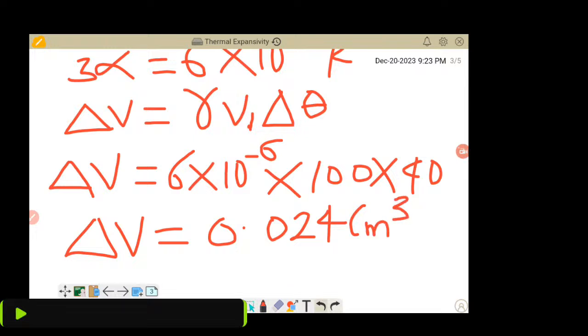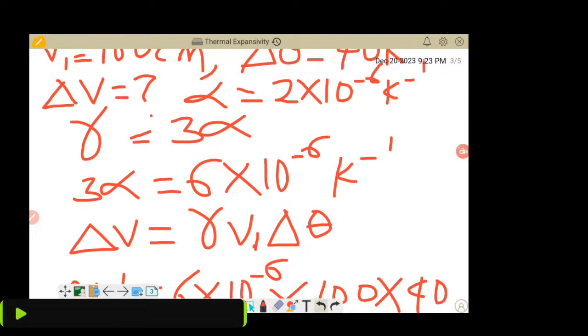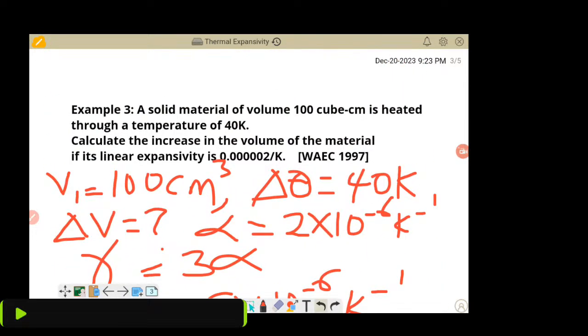Let me quickly summarize, or let me run through this. In the question, we have the original volume of a solid as 100 centimeter cube, and when it is heated, the solid experiences a change in temperature of 40 Kelvin according to the question. Okay, and we are asked to calculate the increase in volume, which is delta V, and the linear expansivity, which is alpha, is given in the question.